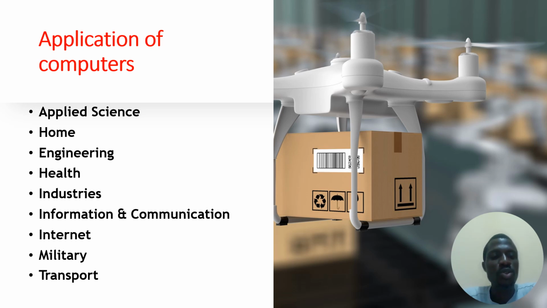Then we also use it for information and communication processes. We use the internet on the computer for communication. We use it for military functions. We use it in transport. As you can see, here is a drone that is programmed and can be easily controlled to deliver a package. And so you see, it's evolving.